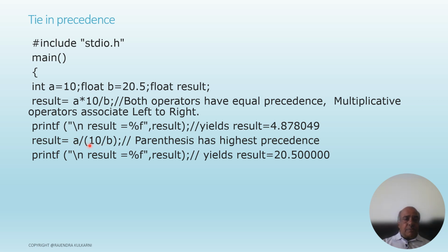A divided by 10 by B will be the final expression evaluated, and then A is 10, so the resultant will be 20.5.